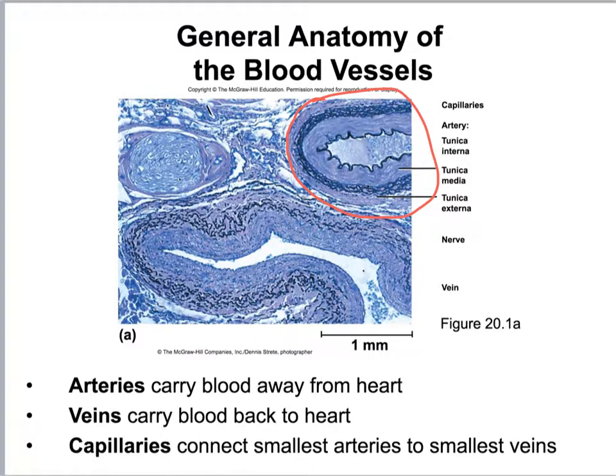The tunica media, while present, will typically be much thinner. And the tunica externa is still fairly robust, but often does not include as much elastic tissue. You're less likely to find elastic tissue in veins because veins don't have to stretch as much as arteries do.